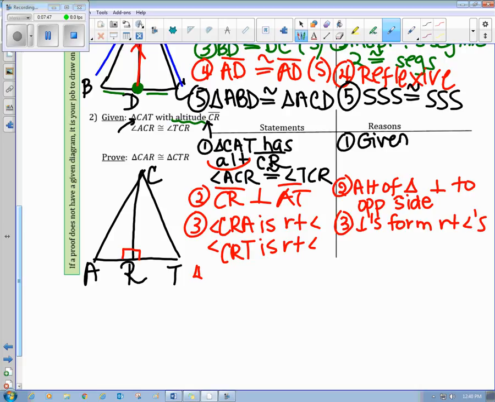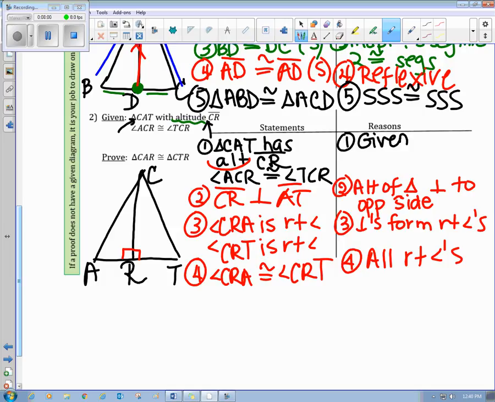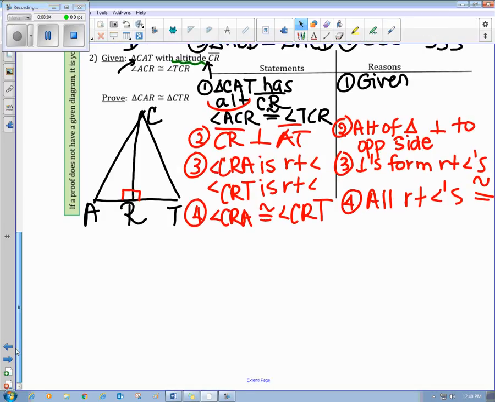And then, of course, the number 4, with the right angles, we have to go one step further and actually say that they are congruent to each other. All right angles congruent. And then from there, I'm going to mark this given in my picture, ACR congruent to TCR.